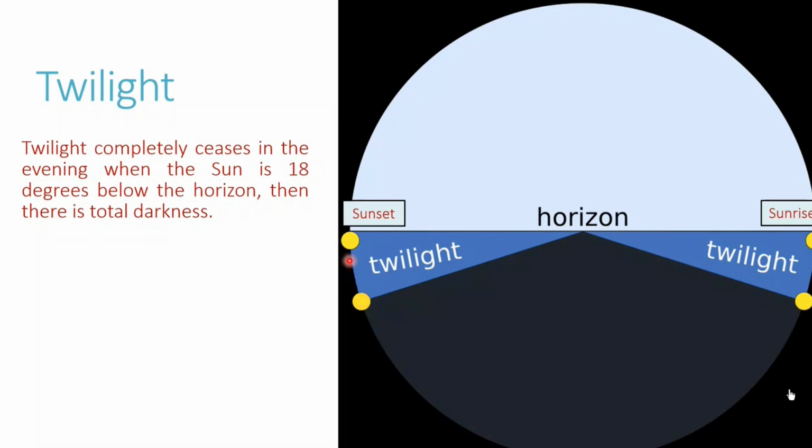Till the time the sun is within 18 degrees of our horizon, we keep on receiving this twilight, and after the sun crosses this 18 degrees belt, there is total darkness and we do not receive any light from the sun. So in the evening, the twilight commences at sunset, and it continues up to the point where the sun is 18 degrees below the horizon, and after that the night starts. After 18 degrees, there is no light which we receive from the sun. It is totally dark.